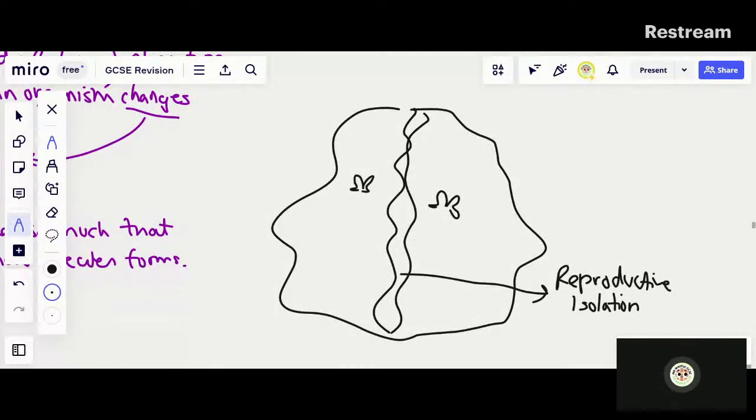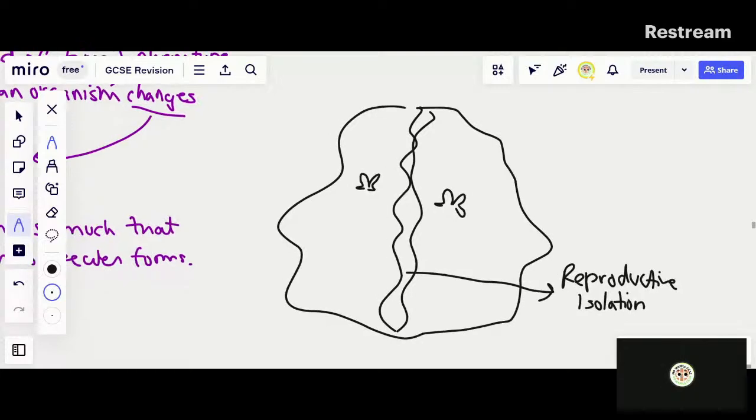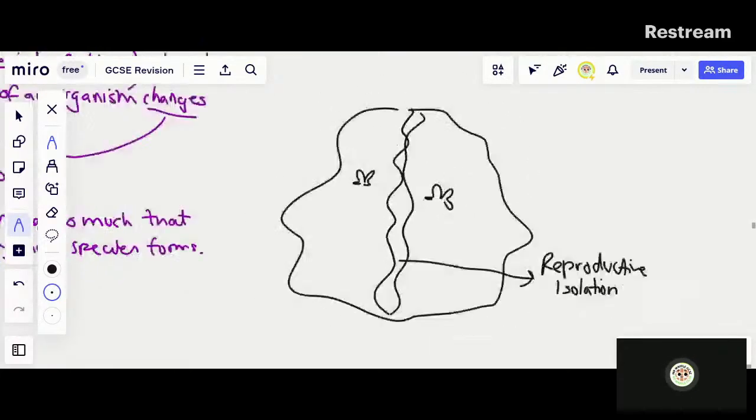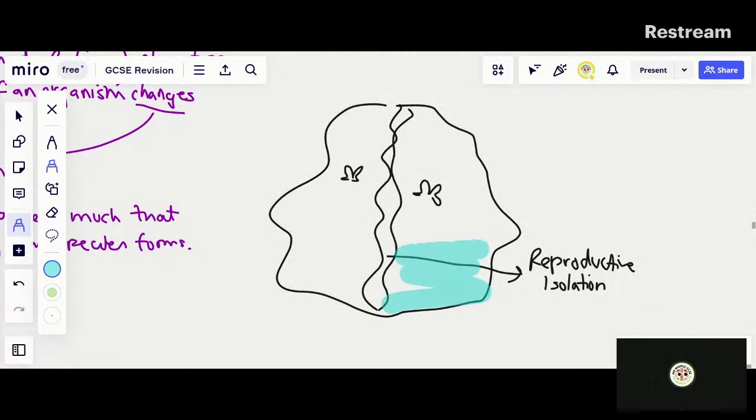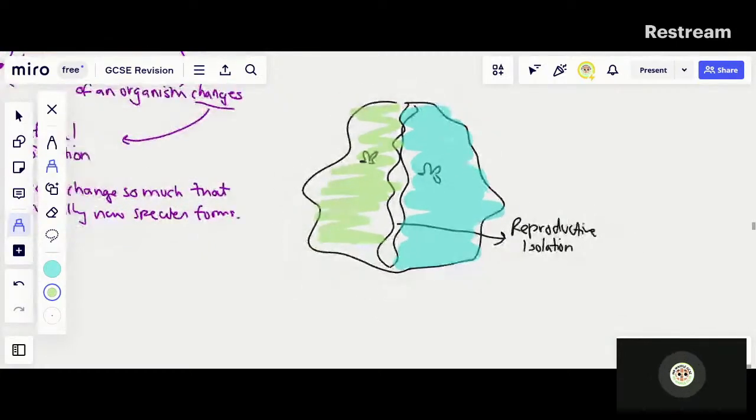Over time, perhaps this side of the island will develop certain mutations, and this side of the island won't have the same, and we'll have another side. So eventually, they both adapt so much that they will no longer be able to interbreed. And that one species initially, because of the reproductive isolation, has become two species.